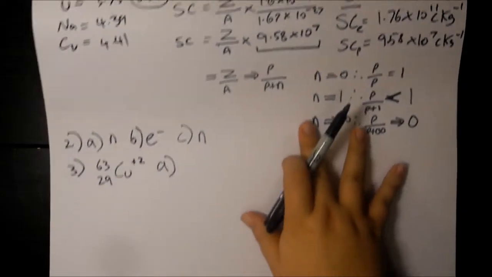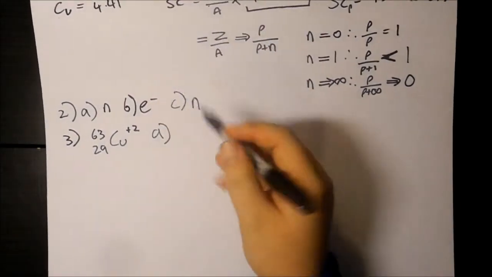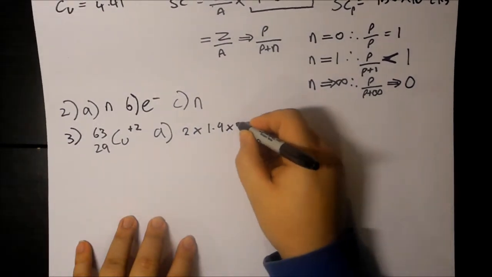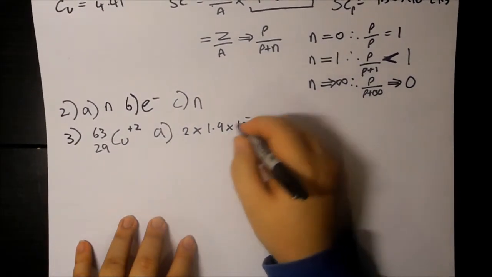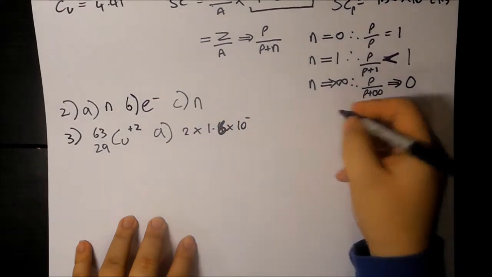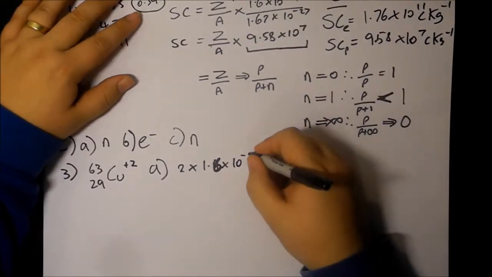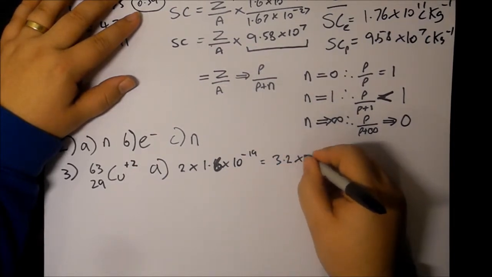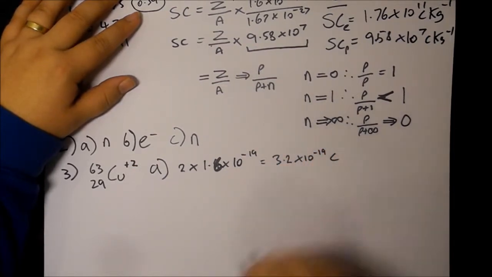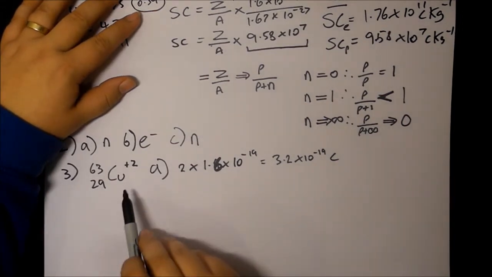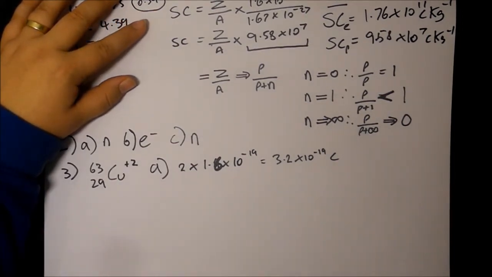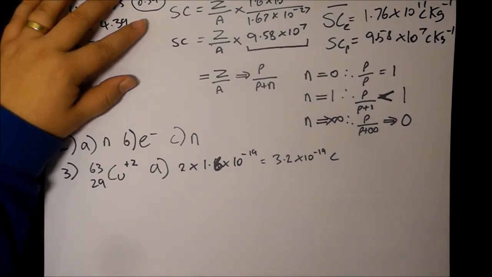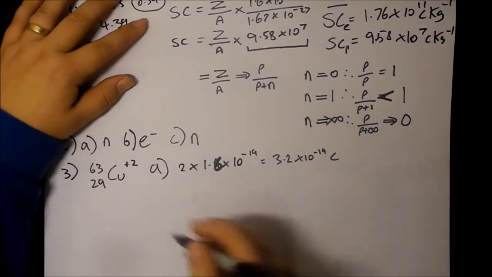So we're looking at 2 times 1.6 times 10 to the minus 19, and you'll get 3.2 times 10 to the minus 19 coulombs. So that's its charge. We know its charge is determined by the number of electrons that have left in this case, and it's always going to be multiples of 1.6 times 10 to the minus 19. Nice simple bit to start.